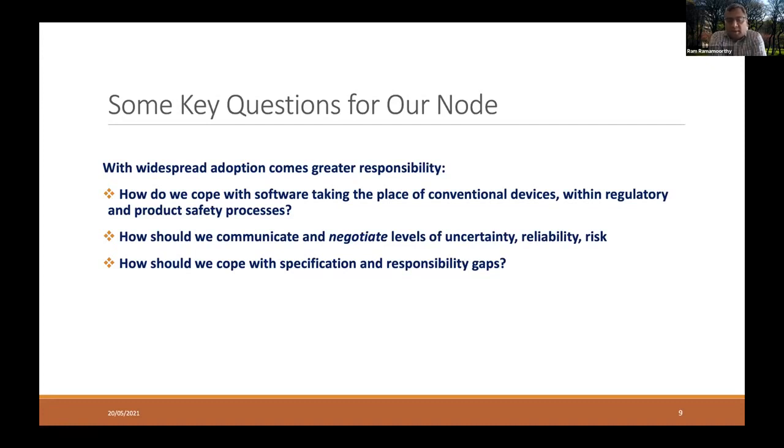On a much more technical and nuanced front, we want to ask the question, how do these communities, developers, users, regulators, and so on, communicate and, much more importantly, negotiate levels of uncertainty, reliability, risk, and various forms of fallibility of these systems? And then to the extent that there are no real specifications in some of these systems, how do we want to cope with the specification gaps and hence the responsibility gaps?